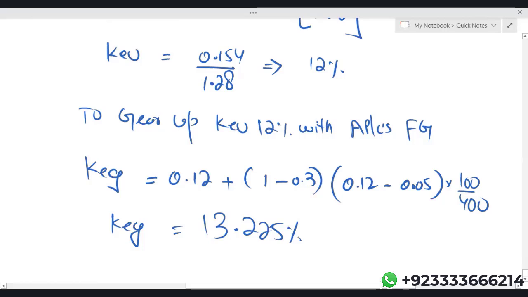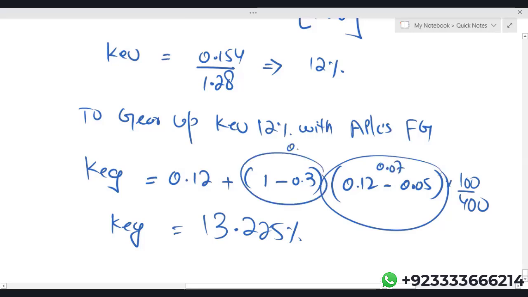Then I'll discuss a very important assumption here. Actually, 100 divided by 400. The answer of 0.12 minus 0.05, the answer of this bracket is actually 0.07, and the answer of this bracket is actually 0.7. How will you solve? Let me repeat.